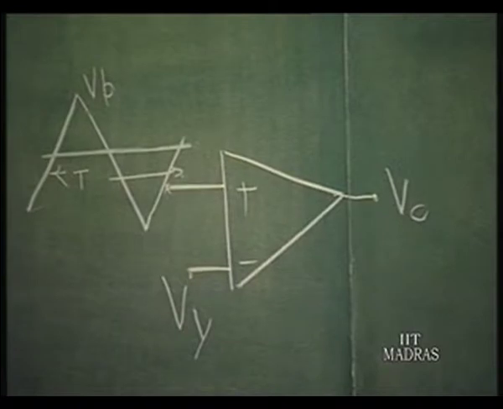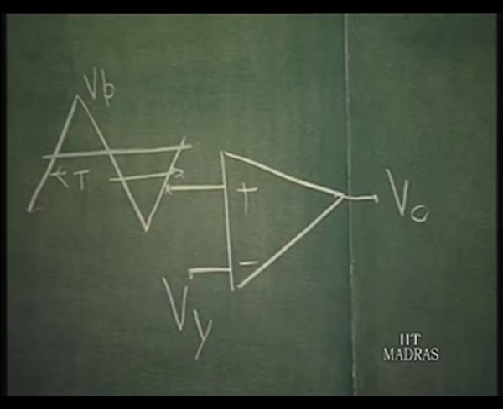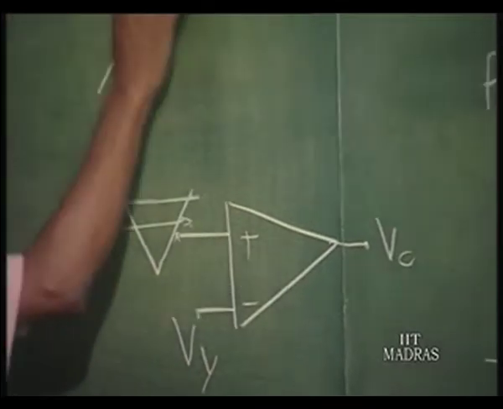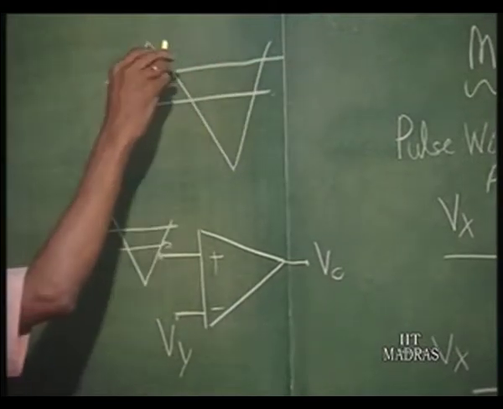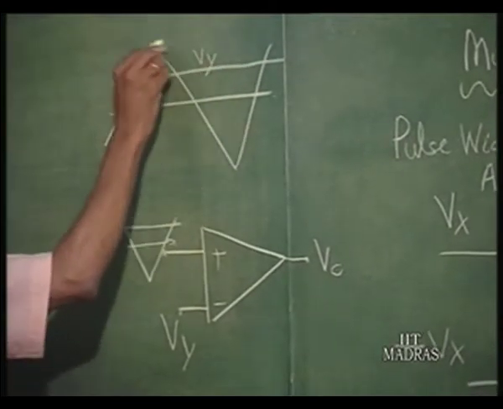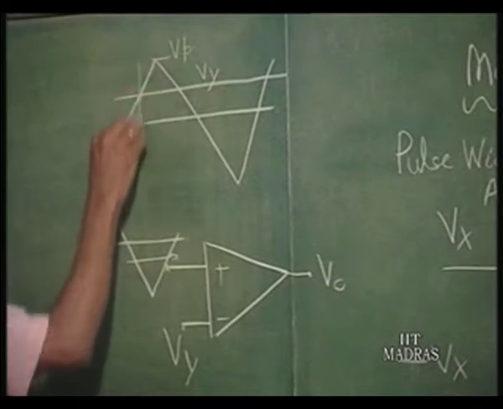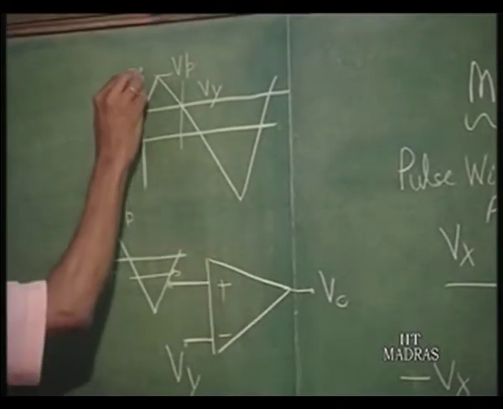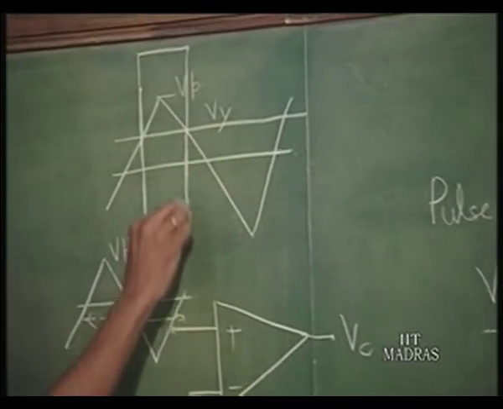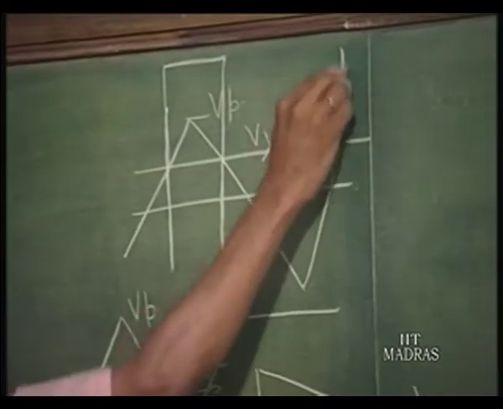Right. So, if this is used for the switch, then you can see that if I draw the triangle here like this, and put Vy here somewhere, this is Vp, and during this period the output Vc is going to be high, and during the rest of the period it is going to be low.